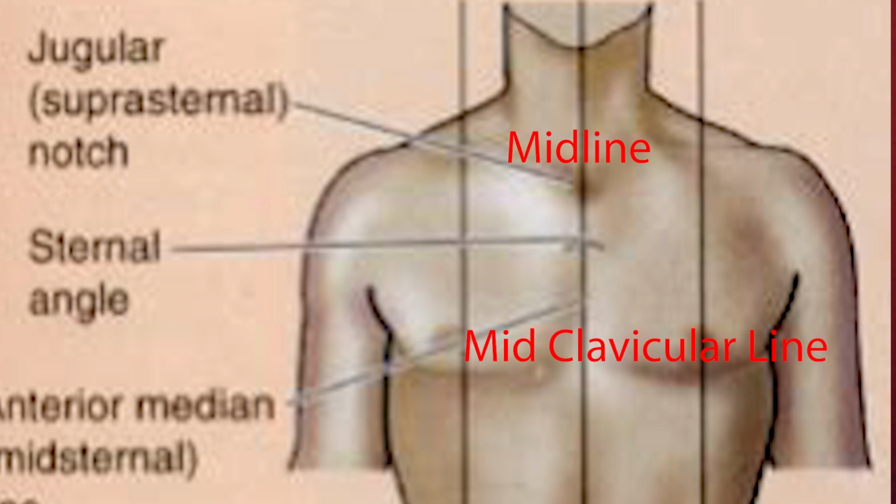That's called the mid-clavicular line. So basically it separates the body into another half. So two halves make the right side whole, two halves make the left side whole, and then those two combined make the whole body whole. So that's called the mid-clavicular line.